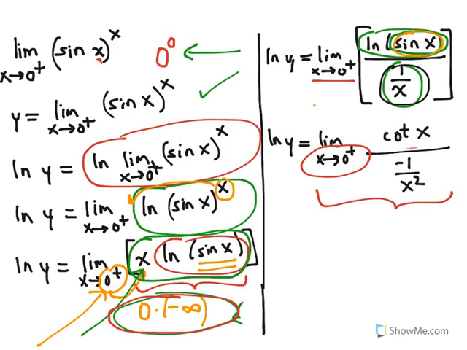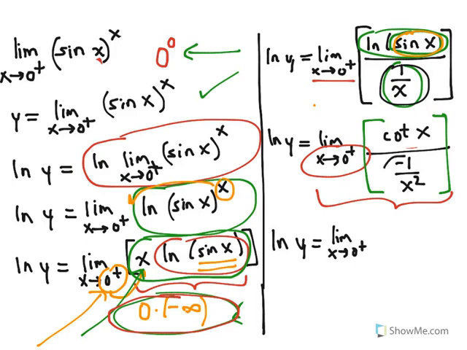But what we can do in some instances is to rewrite what we have here, and this is one of those cases where it might be easier for you to rewrite what you have before you try to find the limit. So let's do some algebra here. We have natural log of y is equal to the limit as x approaches 0 from the right.